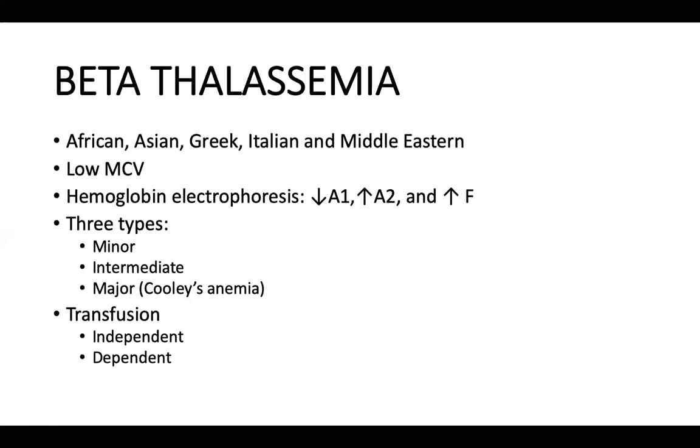Now, beta thal can also be beta thal major, and this is known as Cooley's anemia, and these individuals are transfusion dependent. In the last few years, it has been recommended that we go from minor, intermediate, and major to either transfusion independent or transfusion dependent.